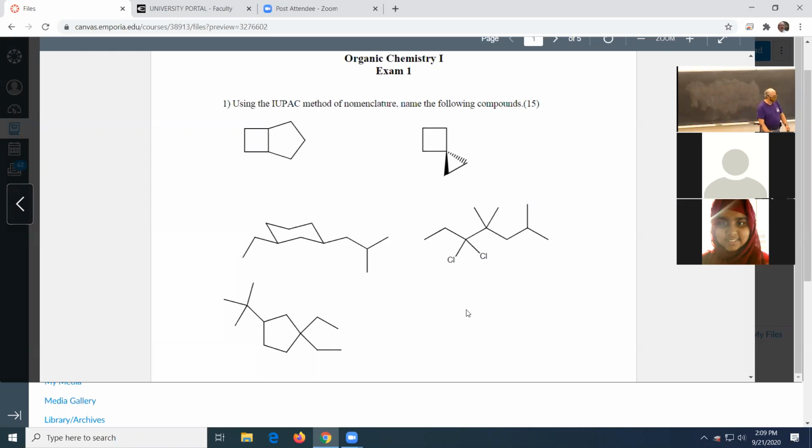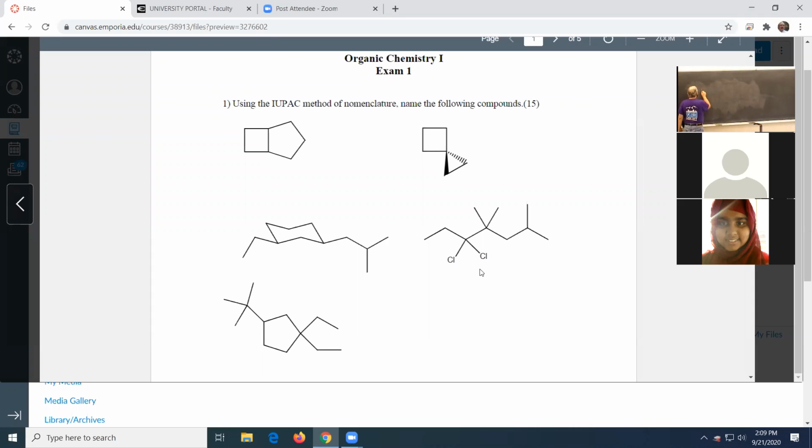Okay, so the parent compound is 1, 2, 3, 4, 5, 6, 7, so that's heptane. And okay, this would be 2, 4, 4, 5, 5. We went this way. This would be 3, 3, 4. So let's go this way. I'm going to go ahead and go over this one anyway, even though it wasn't counted.